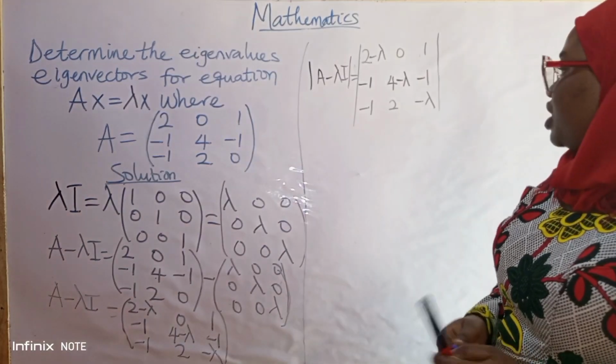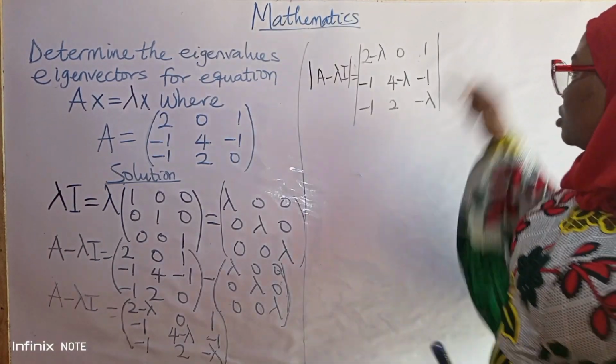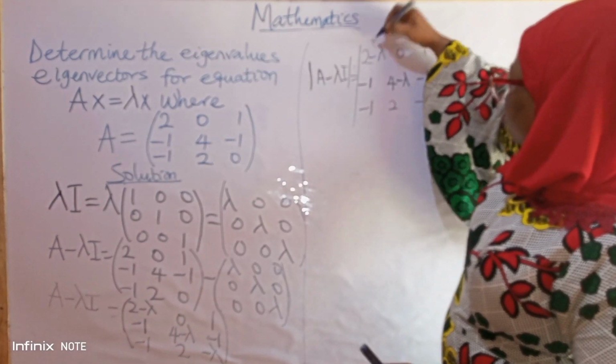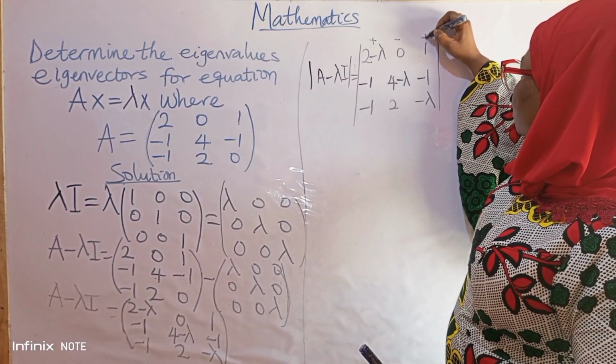We need to find the determinant of this 3 by 3 matrix. So let's put the signs on top: plus, minus, plus.